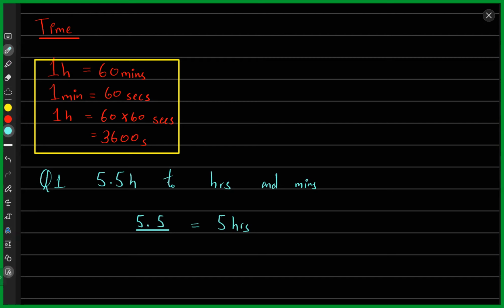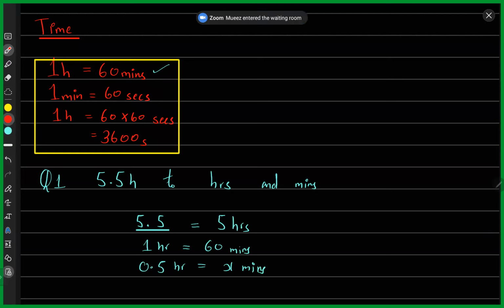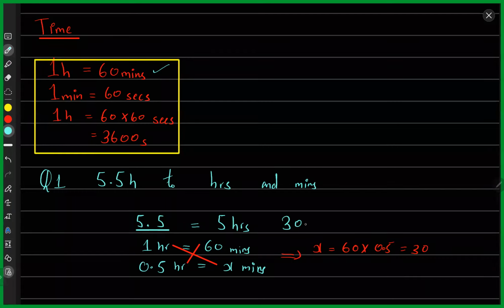I know that 1 hour has 60 minutes. So since 1 hour has 60 minutes, 0.5 hours would have X minutes, and we know how to solve such questions. We do so by cross multiplication. So we will do X multiplied by 1 and 60 multiplied by 0.5, and this is going to give you 30. So 5 hours and 30 minutes.